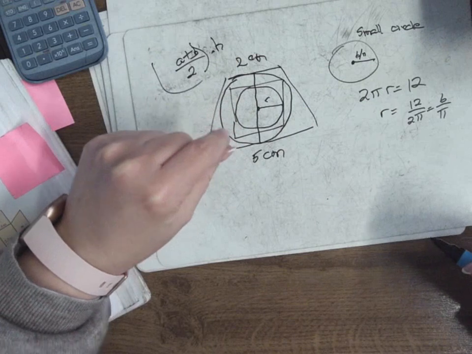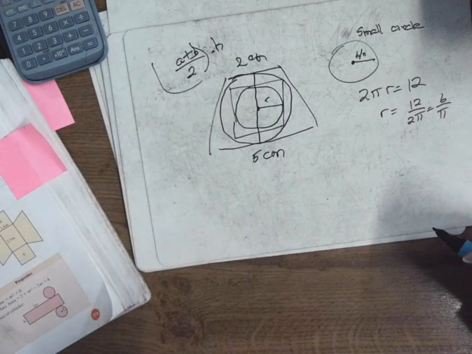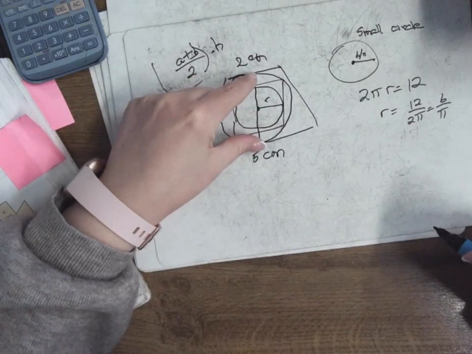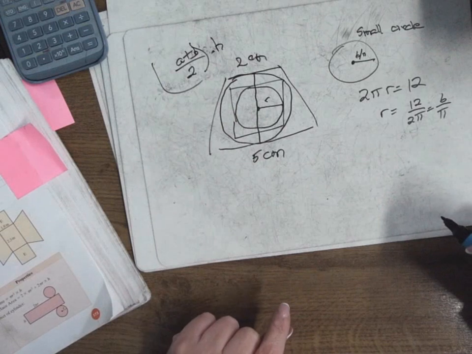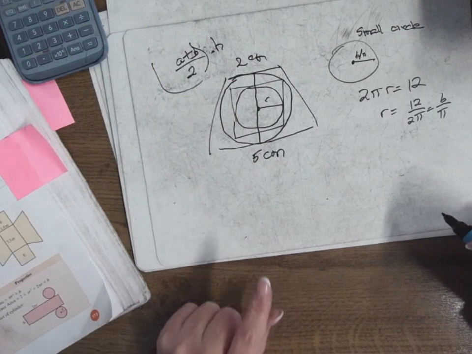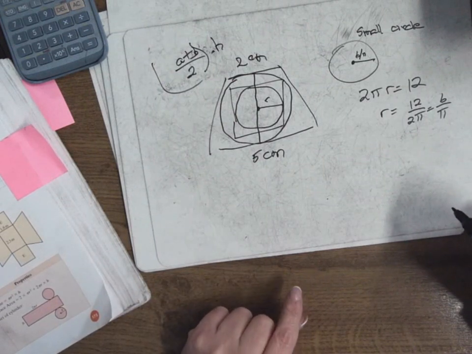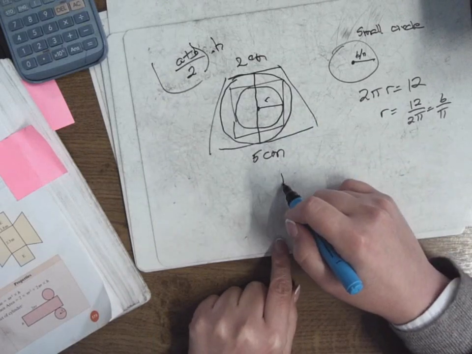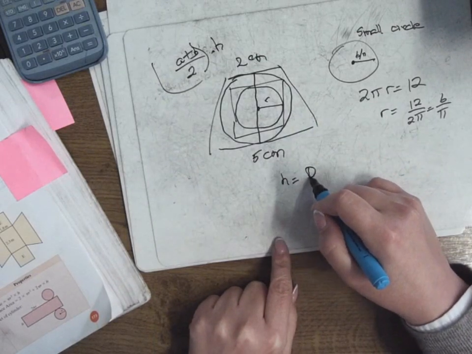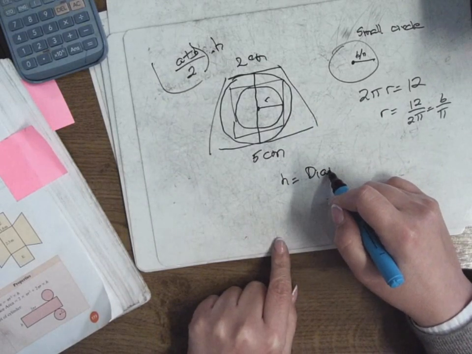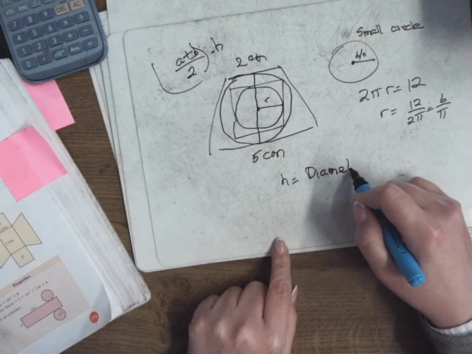Would you agree? Right, observation: the perpendicular height of the trapezium is also equal to the diameter of the big circle. Would you agree? So the height is equal to the diameter of the big circle. So I need to get the diameter of the big circle.